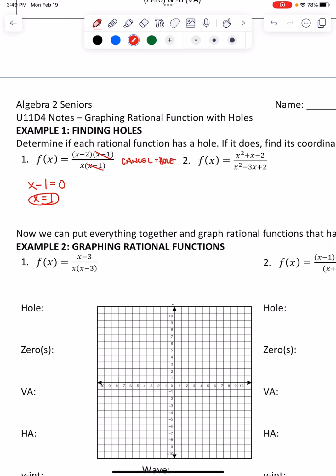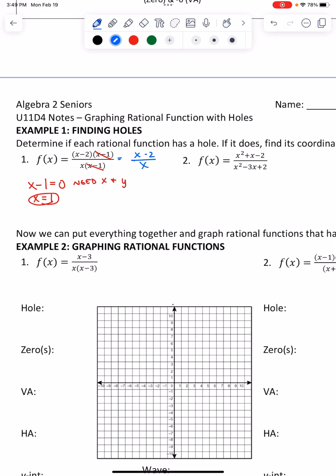But remember, for a hole we need x and y. So we have an x. What we do is we take whatever we have left. When we cancel out that x minus 1, we have x minus 2 over x left.